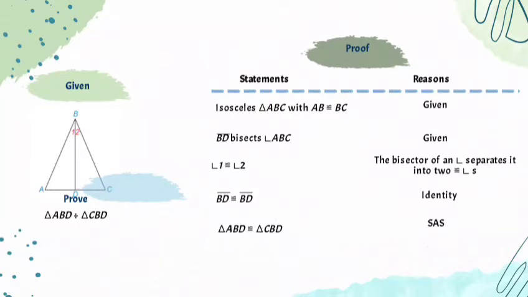The reason: the bisector of the angle separates it into two congruent angles. The fourth statement: segment BD is congruent to segment BD. The reason is identity. And the last statement: triangle ABD is congruent to triangle CBD, and the reason is SAS.